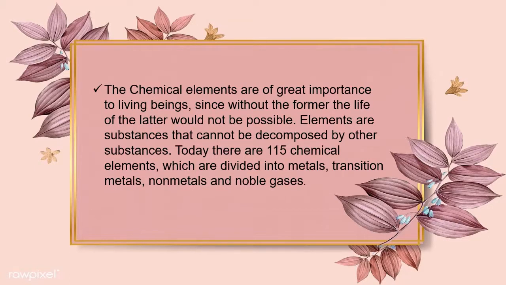The chemical elements are of great importance to living beings, since without the former, the life of the latter would not be possible. Elements are substances that cannot be decomposed by other substances. Today, there are 115 chemical elements, which are divided into metals, transition metals, non-metals, and noble gases.